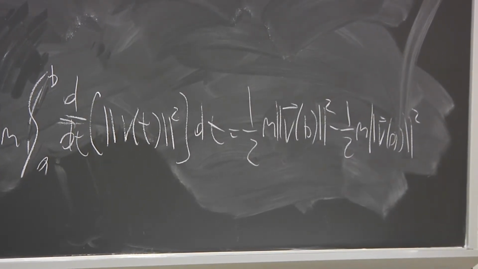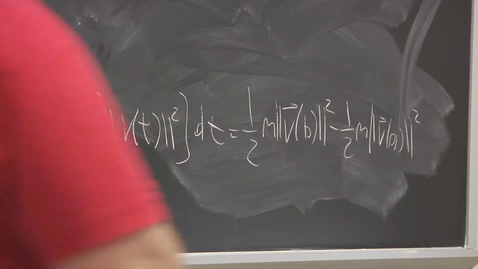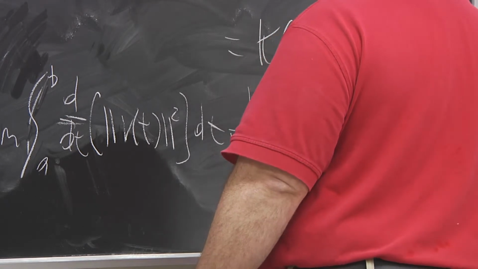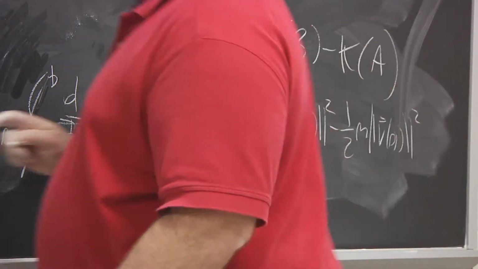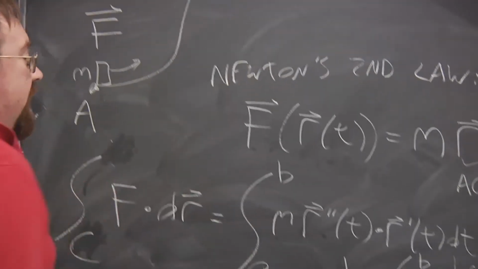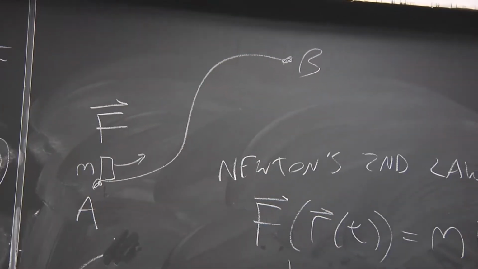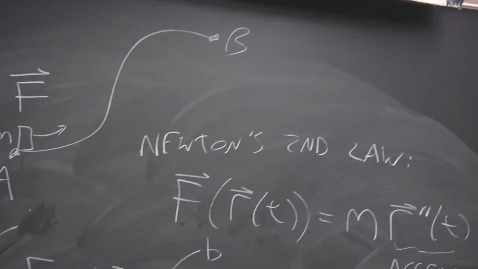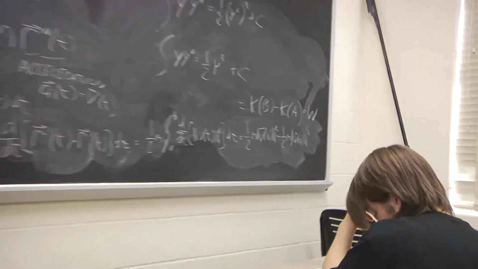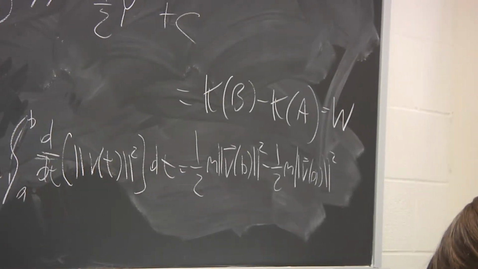So in other words, I can write this as K of B minus K of A. So it's the kinetic energy at this point minus the kinetic energy at that point. And this is, now the line integral, that's for work. So the total work done is equal to the change in kinetic energy from point A to point B.